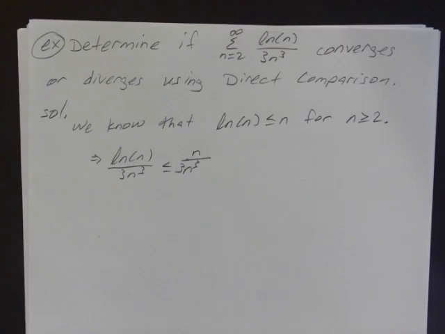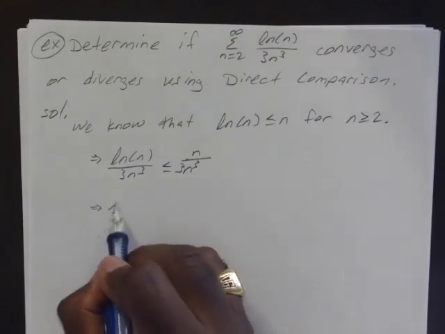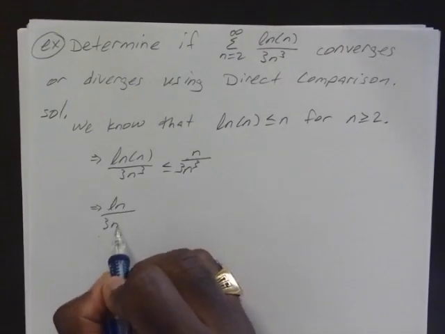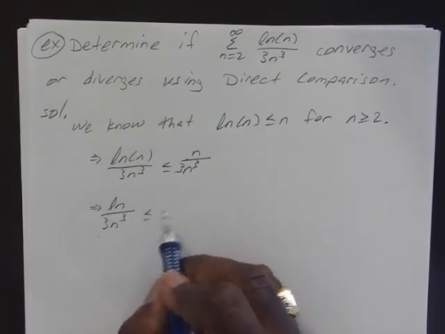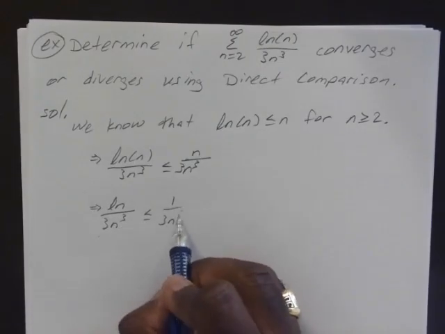So if we simplify that even more, the natural log of 3n to the third power is less than or equal to 1 over 3n squared.